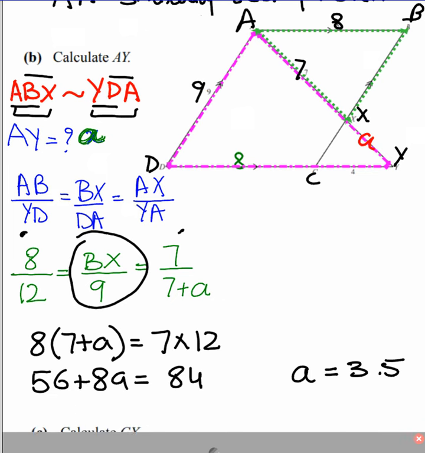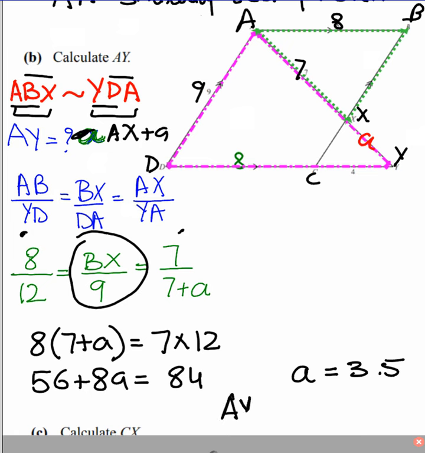Right? Now, I forgot to write here. I should write here basically AX plus A. Sorry, AX plus A. Right? So your AY is equal to 7 plus A, and you plug in this value.